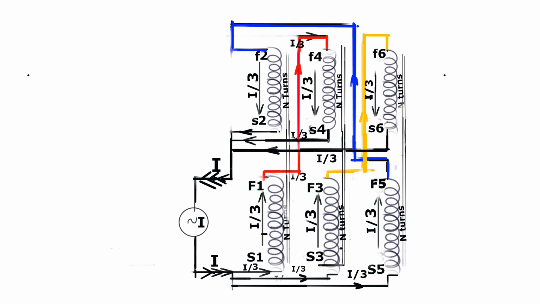Then remove the S2, S4, S6 short and take those S2, S4, S6 outside as R, Y, B. Connect to the RYB phases. That forms a zigzag transformer.